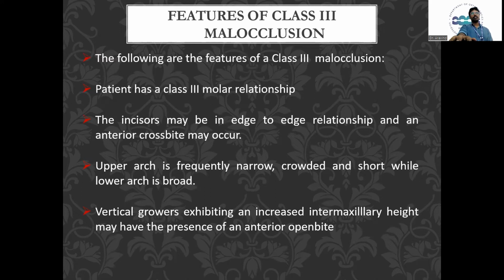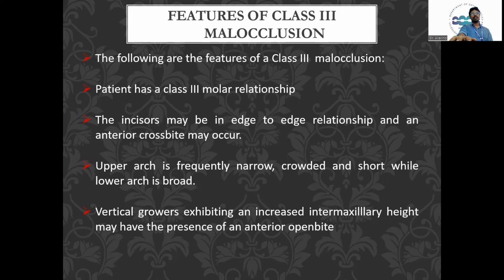What are the classical features of a class 3 malocclusion? In this type of malocclusion, the patient will normally have a class 3 molar relationship in which the mesiobuccal cusp of the upper first molar occludes in the embrasure between the mandibular first and second molar. That will be the normal class 3 molar relationship.